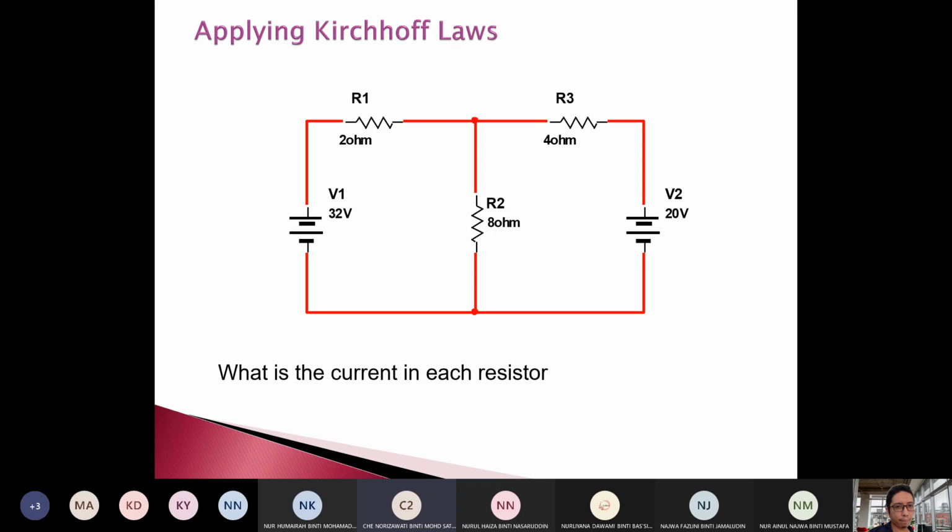So now you can eliminate that. So it's minus, minus, minus. So what we have there is 28 equals 22 I1.